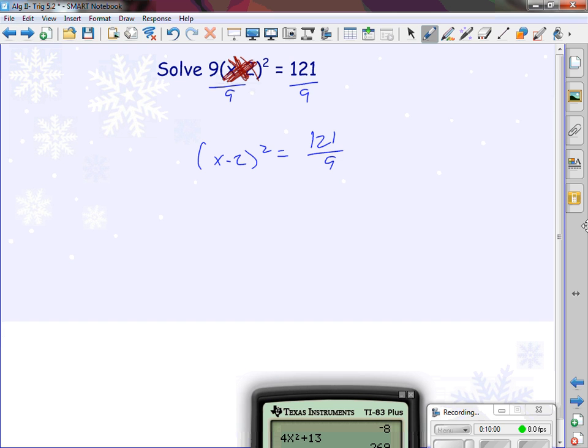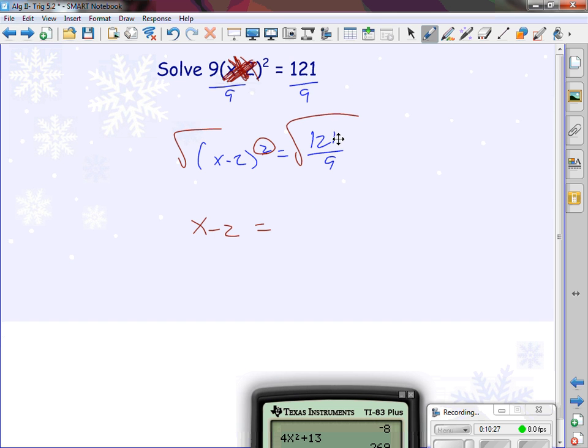What's causing me the problem right now? The square. How do I get rid of a square? Take the square root. By taking the square root of a square, I have x minus 2 equals.